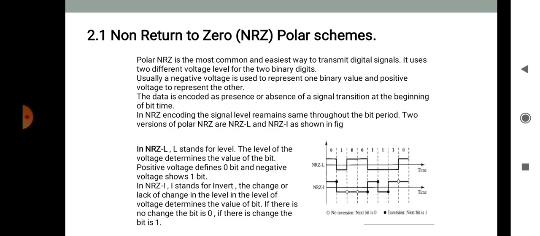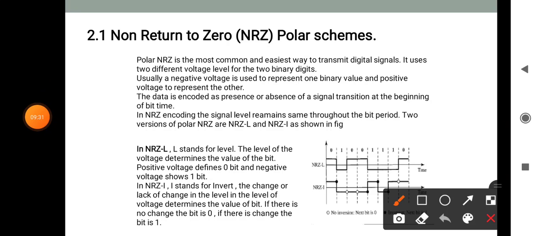Here NRZ-L stands for level, and the level of the voltage determines the value of the bit. Every polar scheme has a different rule. So here positive voltage defines 0 bit and negative voltage defines 1 bit.